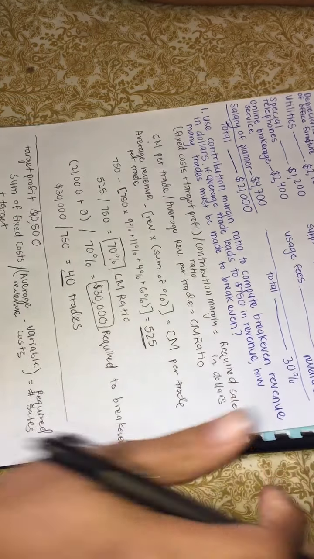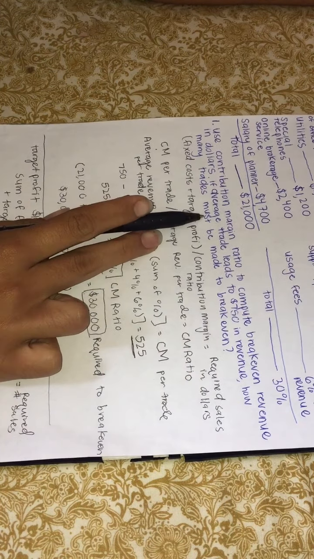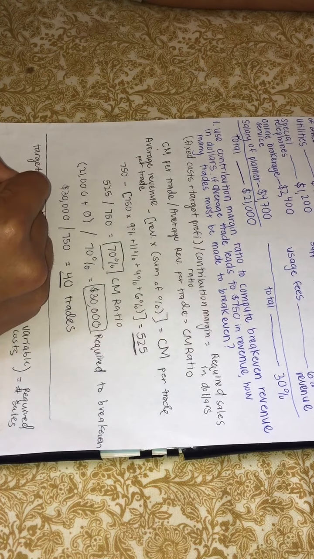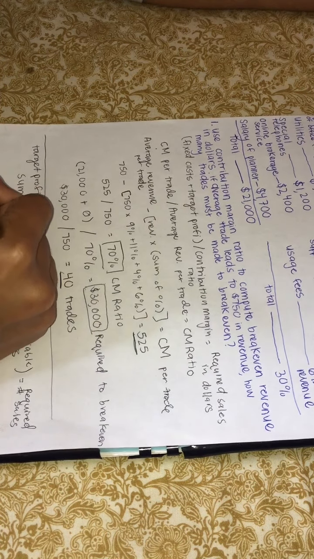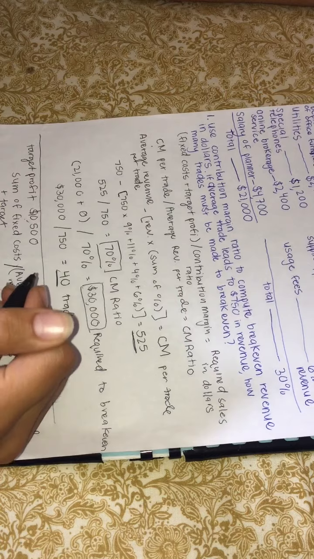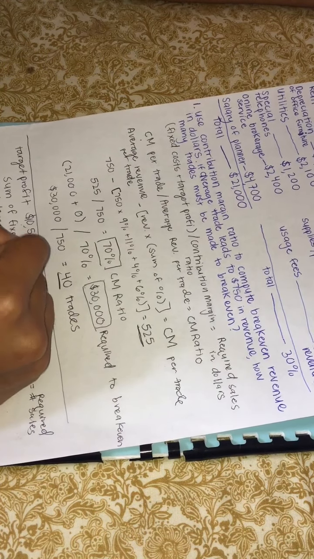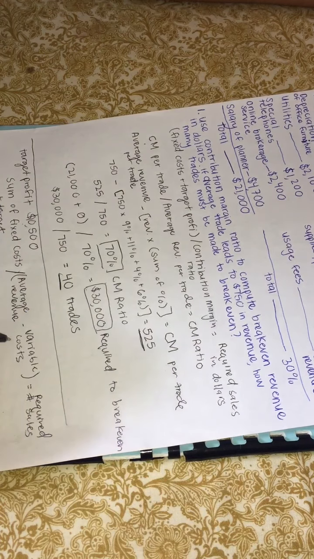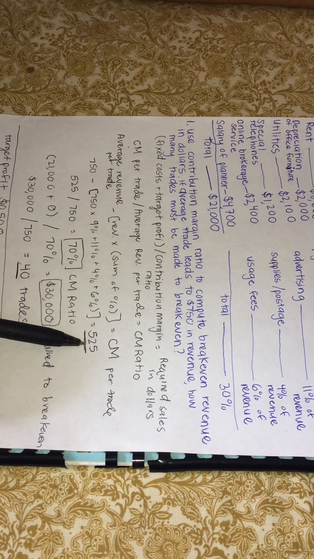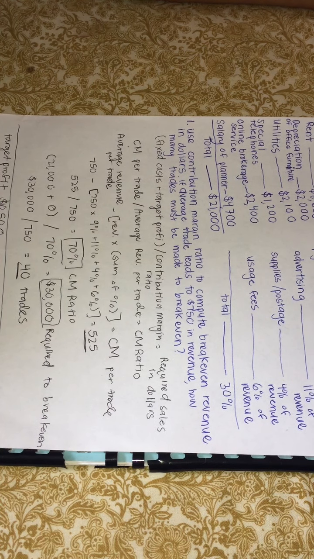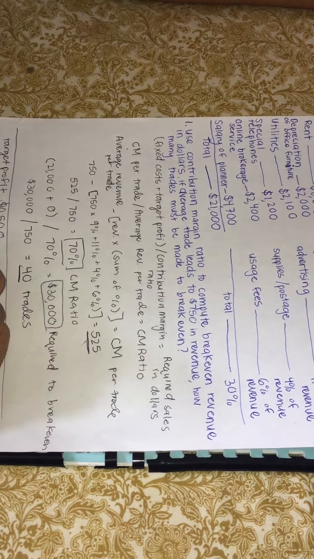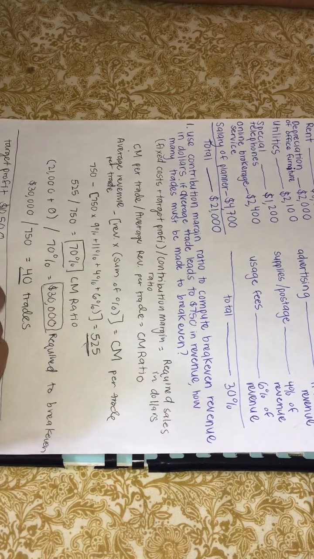So the sum of the fixed cost, which is the 21,000 plus 10,500 equals $31,500. And this would be divided by the average revenue, which is $750, minus the variable costs. And I found the variable costs by subtracting the average revenue minus the 525, the CM per trade, which equals $225, sorry.